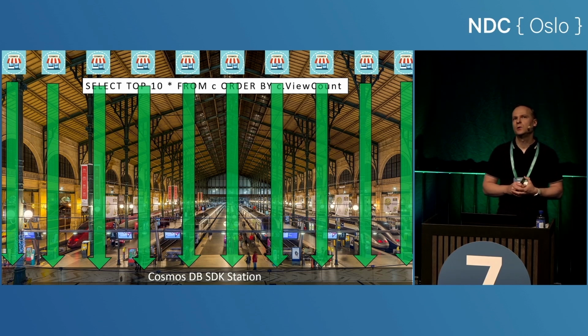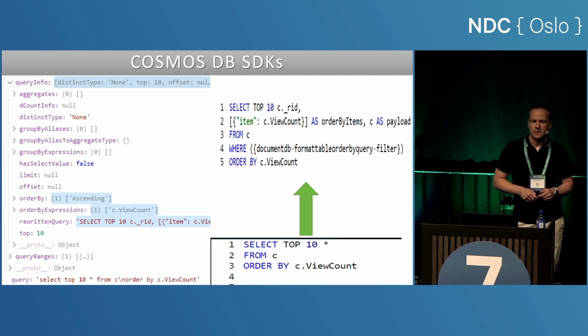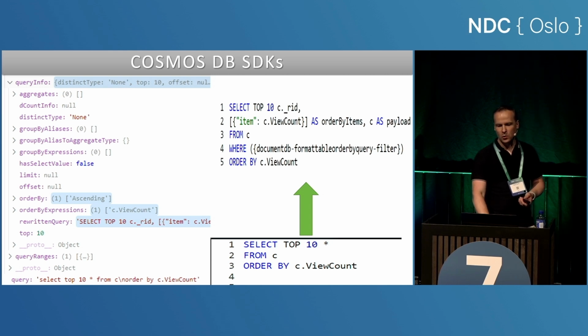So you want to be sure that you have enough resources wherever the SDK actually lives, because there are going to be all kinds of for each loops and all kinds of memory needed to make all this work. So if you look at this, this is the JavaScript SDK from the Cosmos DB. As you can see, we have the query info data out there, and it actually senses what you have.